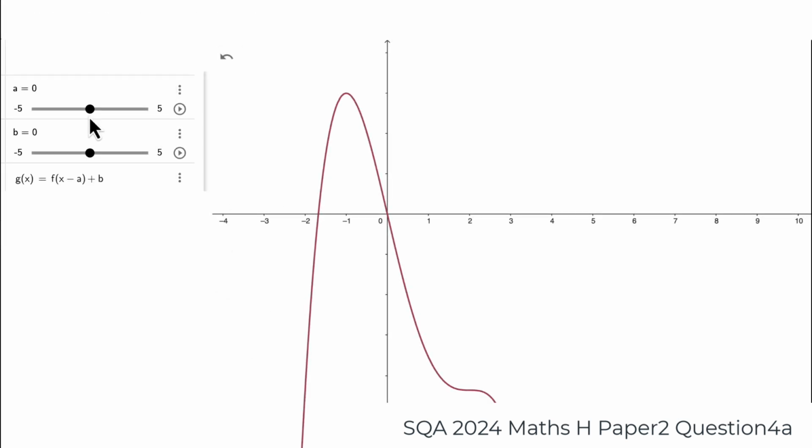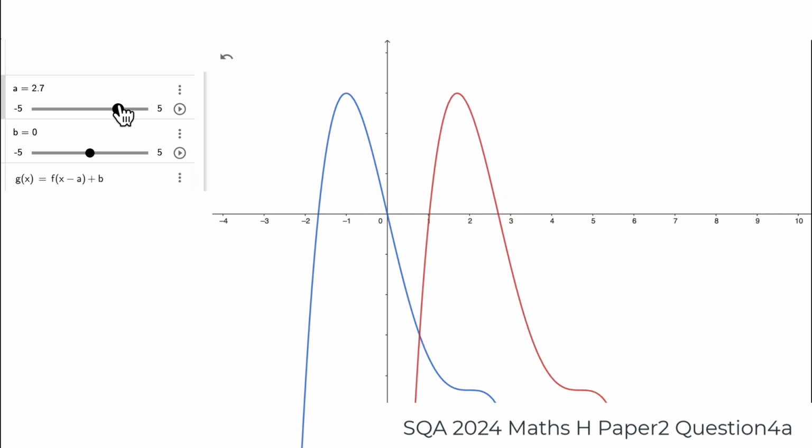Now here's the graph from the question, and it's showing the graph of x minus a, plus b. I can subtract values from x. Let's subtract 1 from x, and you can see the graph has moved 1 unit to the right. If I continue and I subtract 2 from x, it's moved 2 to the right, 3 to the right, and so on.